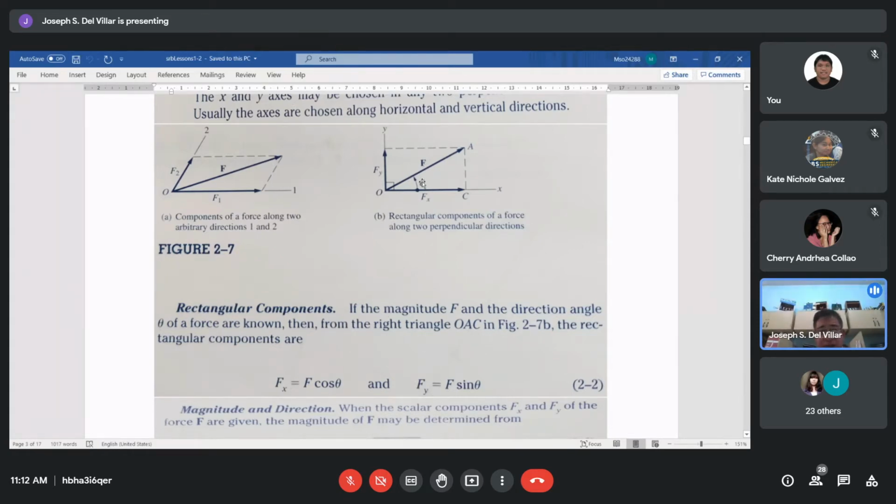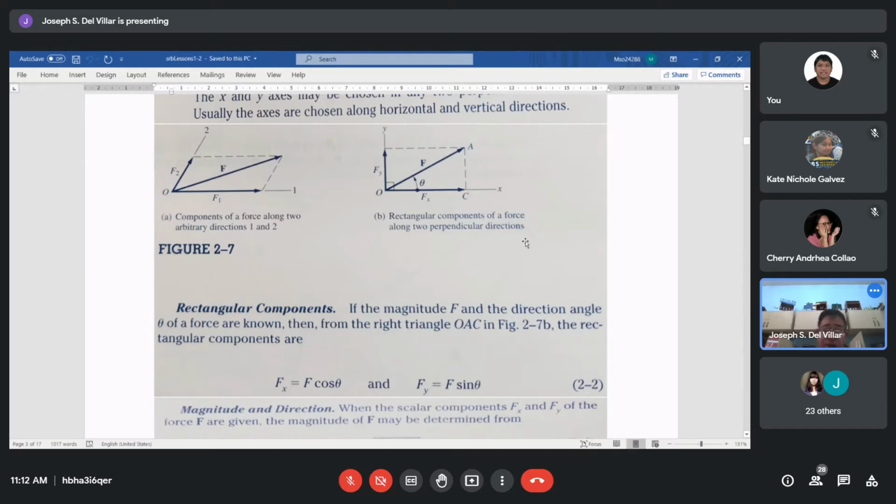Similarly, Fy is F sine theta, because Fy is also the same as AC, this vertical line, which is 90 degrees with respect to x. AC is the shorter side of triangle AOC and it is opposite the angle theta, so we make use of the sine function. Fy is equal to F sine theta.